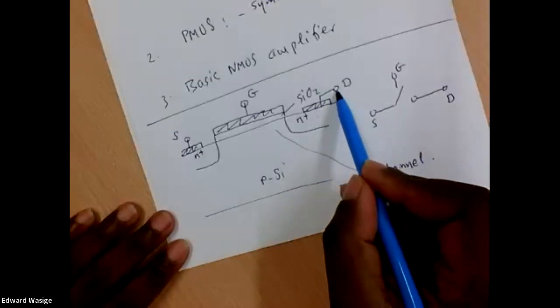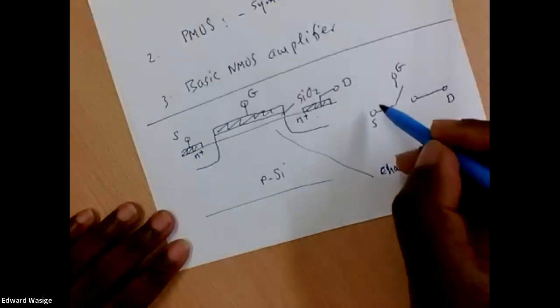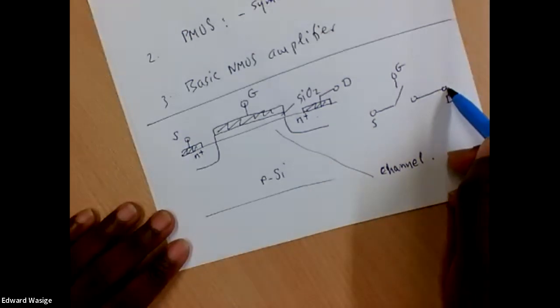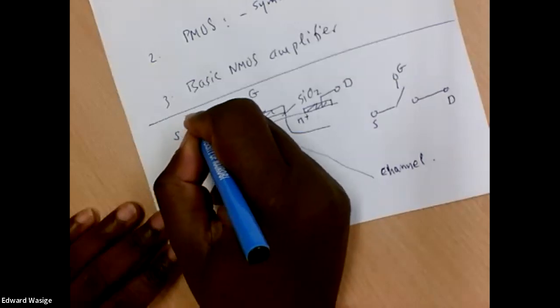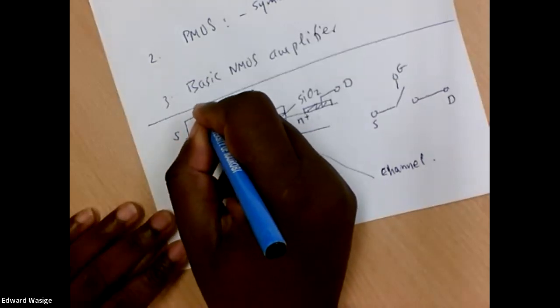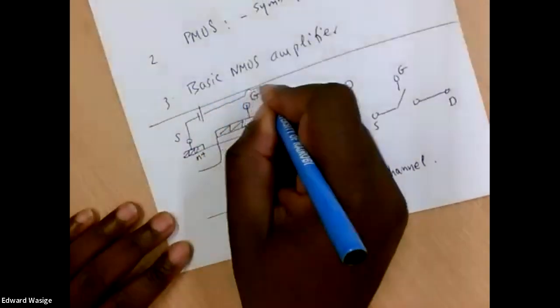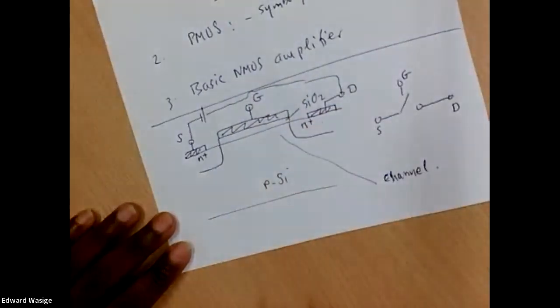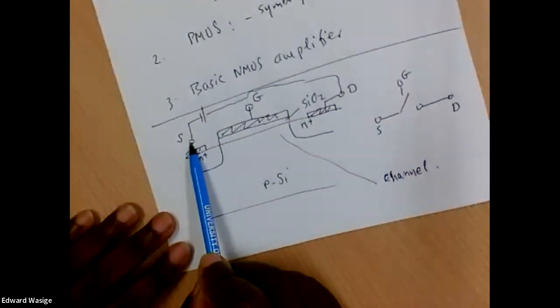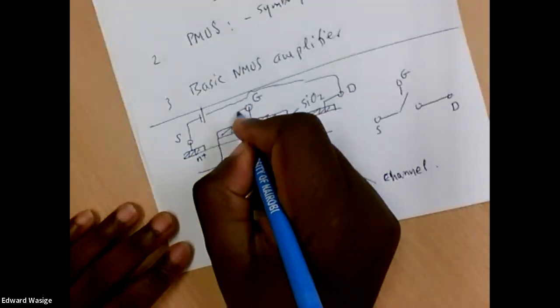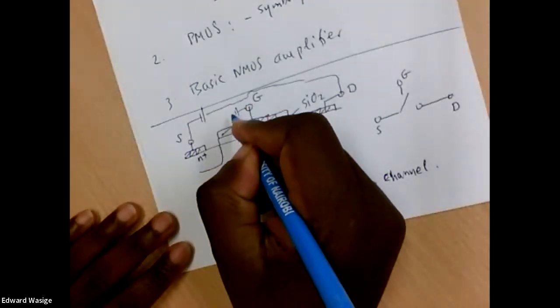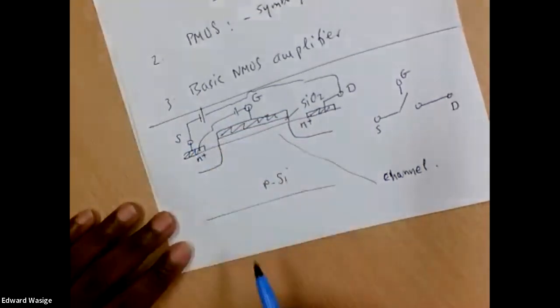So actually this transistor, how do we bias it? Normally, if we want a current to go through drain and source, we'll connect a battery between those two points. So I can connect a battery between drain and source. And I can also connect another battery between the gate and the source.